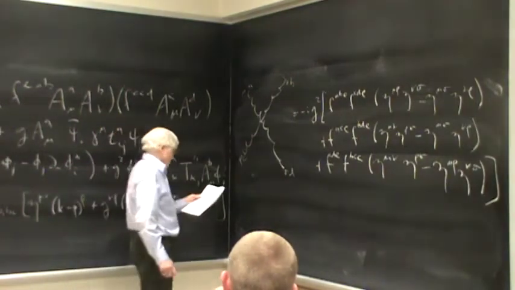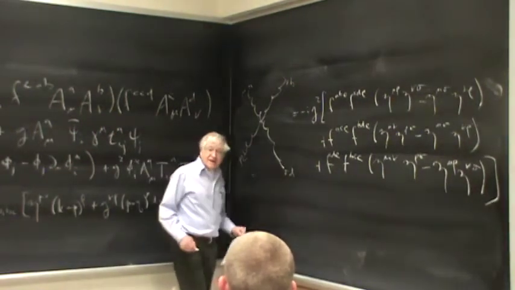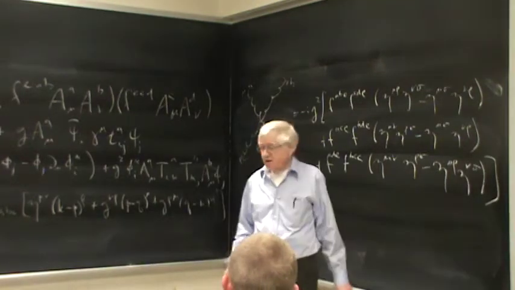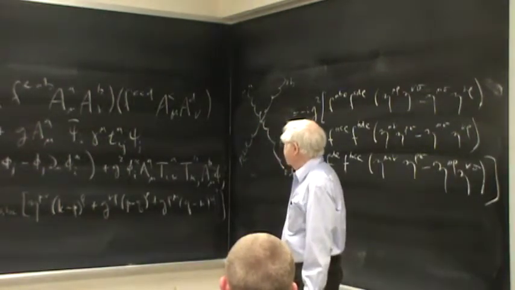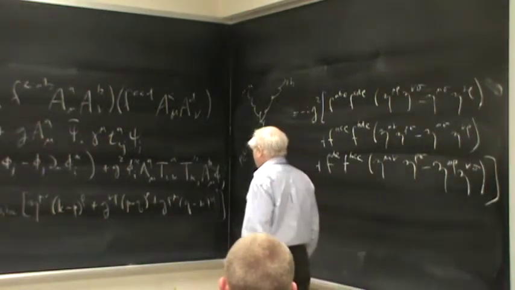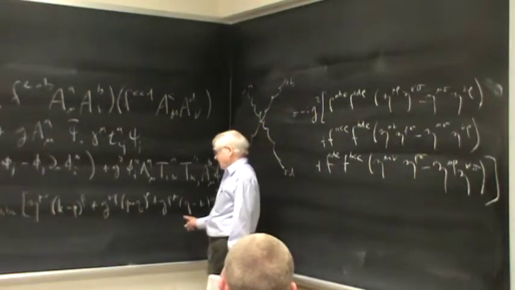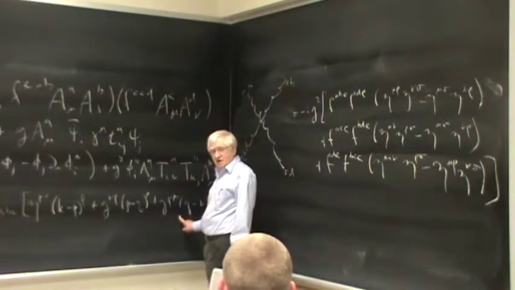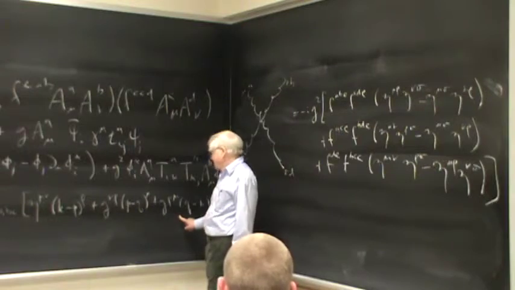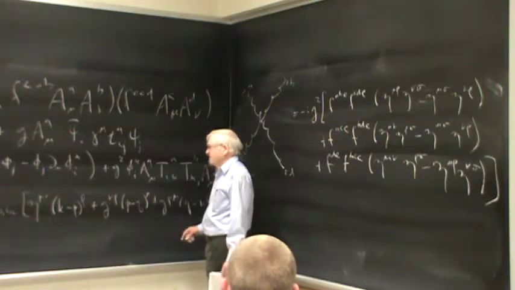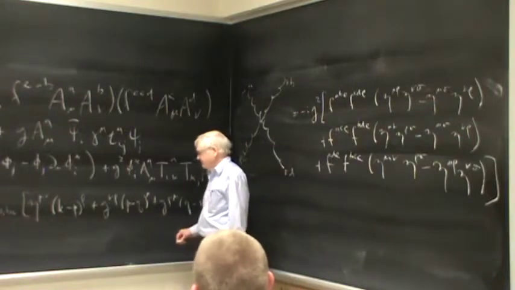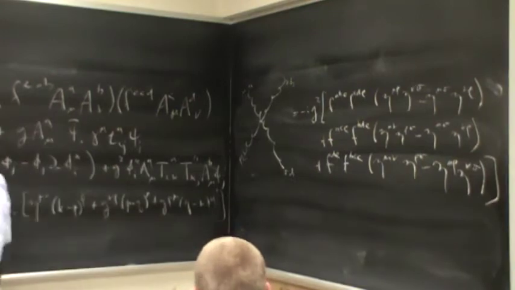Then there's a ghost vertex. I have a question. Yeah. What is G mu rho in that bottom equation? So in the second term, there's a G rho mu. Oh, yeah, it's supposed to be eta. Okay. Yeah, I'm sorry.